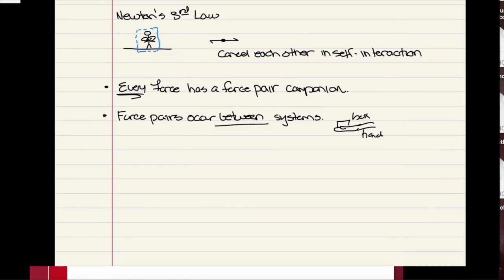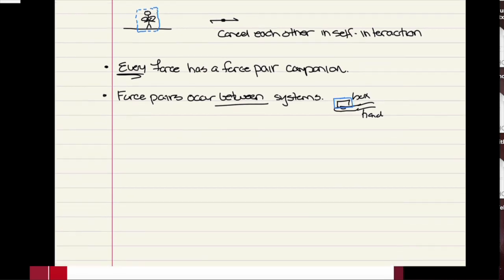So now let's first do the box. For the box, the forces I would identify on the box is, okay, there's a gravitational force pulling down on the box. It is also in contact with the hand, so there is a force from the hand as well, pointing upward. And that's it.